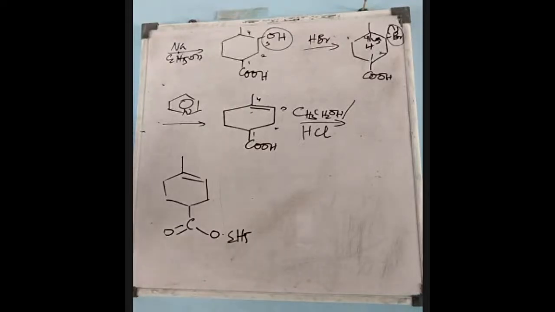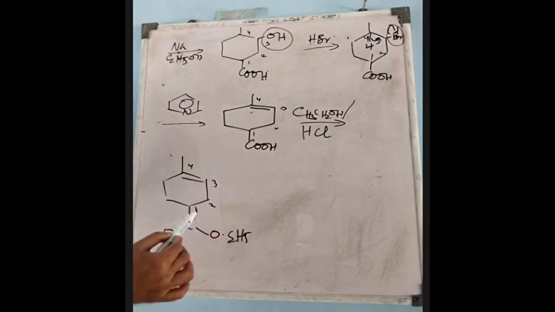Now what do you call this compound? Again you see 1, 2, 3, 4. Some people also start from here, 1, 2, 3, because they prefer the double bond. But here the carboxylic acid group is there, so I am starting from here to make it easy.